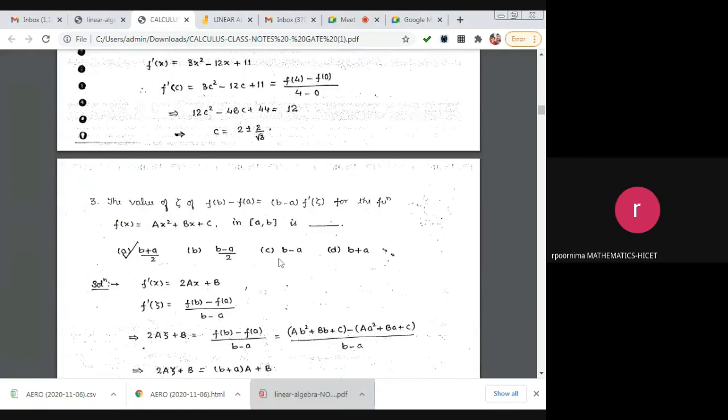Next. The value of zeta, where f of b minus f of a is equal to b minus a into f dash of zeta, for the function f of x equal to a x square plus bx plus c in the closed interval a comma b. So f dash of x is actually 2ax plus b.